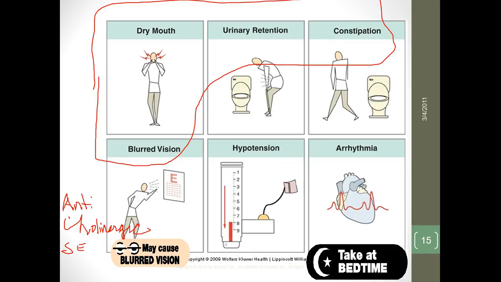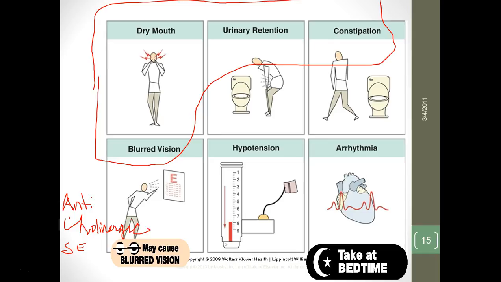So when I say anticholinergic, you want to think dry mouth, urinary retention, constipation, and blurred vision. Okay, here's a little note. You should write that down. It's important to remember.